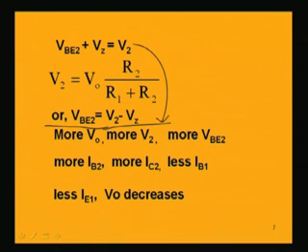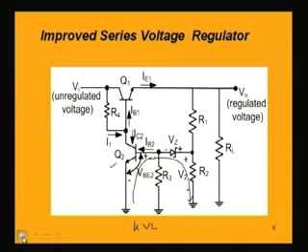So IB2 will be more, and IB2 being more means the collector current IC2 is also now high. So transistor Q2 has a higher base current as well as a higher collector current. Now what will happen to the other transistor if the collector current for the second transistor Q2 is high?